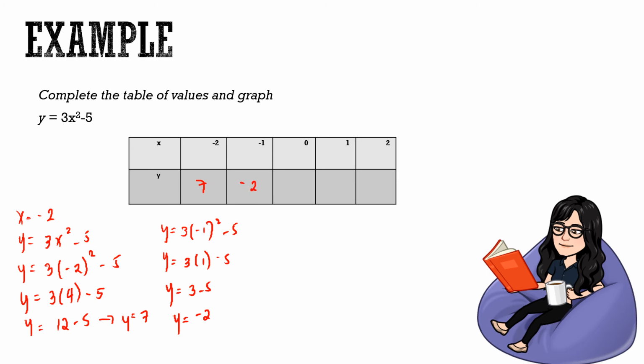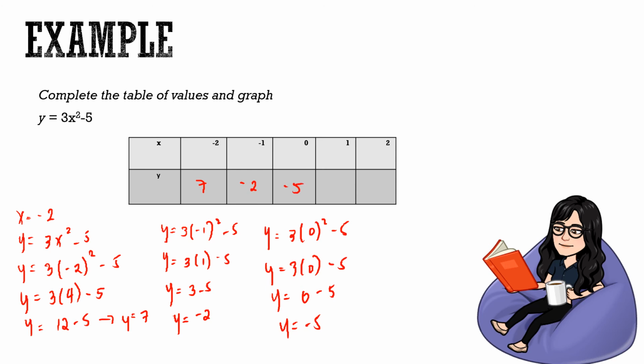Okay. Next, substitute x by 0. 3 multiplied by 0 squared minus 5. Multiplying 0 by itself, we have 0 minus 5. Multiplying 3 by 0 will give us a product of 0. Then subtract 5. So we have y equals negative 5.